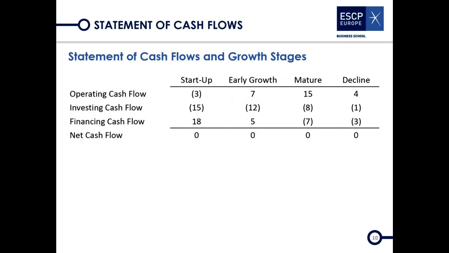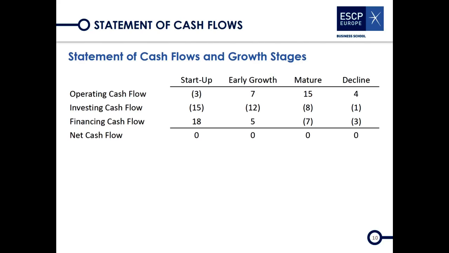Maybe as a side remark, what you can also learn from the statement of cash flows is in which life cycle stage the company currently is. So for example, if you look at the cash flow statement for a general startup, usually startups, when they begin operations, are often not profitable yet, so they have small negative operating cash flows.